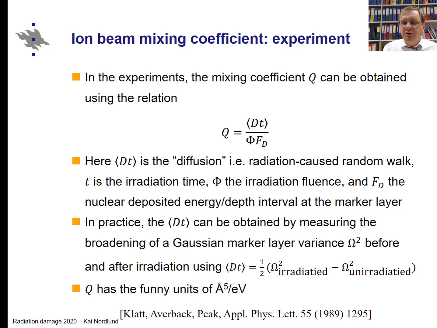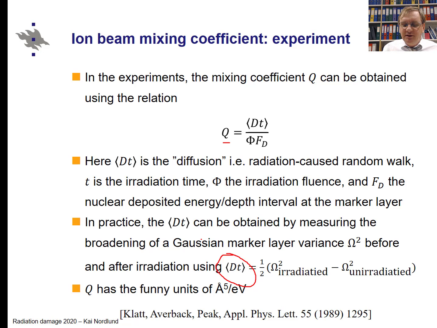So this is diffusion coefficient times time, so this is for a certain fluence, divided by the radiation fluence and the nuclear energy deposition. You can get what's known as the mixing coefficient. And in practice, you can obtain this by doing this marker layer broadening, looking at the variance of this marker layer before and after irradiation, and this gives this quantity Dt.